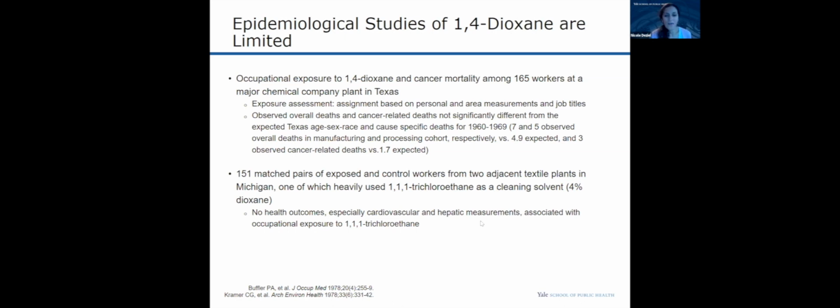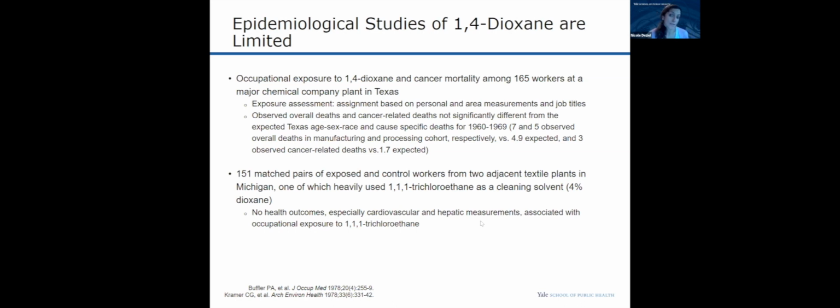The second study was in 2 textile plants in Michigan. It was a matched design where there were exposed and control workers from these 2 plants. One of the plants heavily used 1,1,1-trichloroethane as a cleaning solvent, and it was determined that 4% of the composition of this solvent was dioxane.